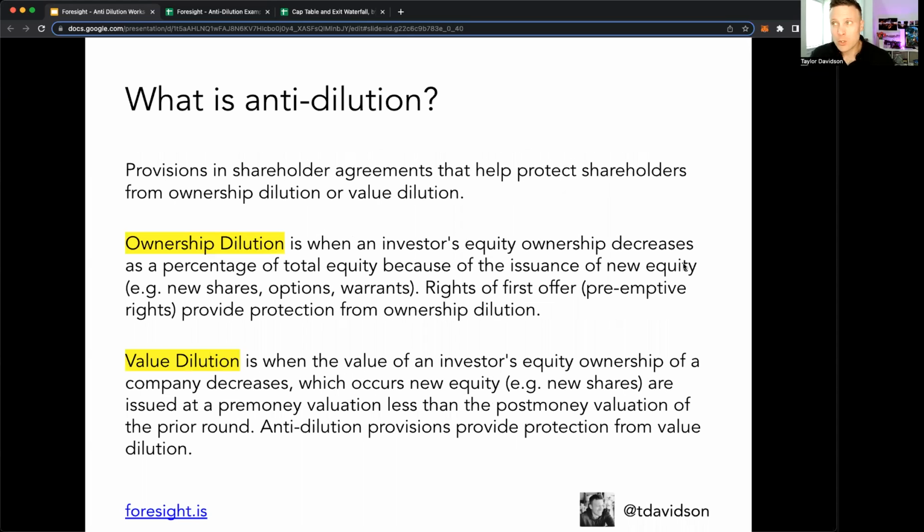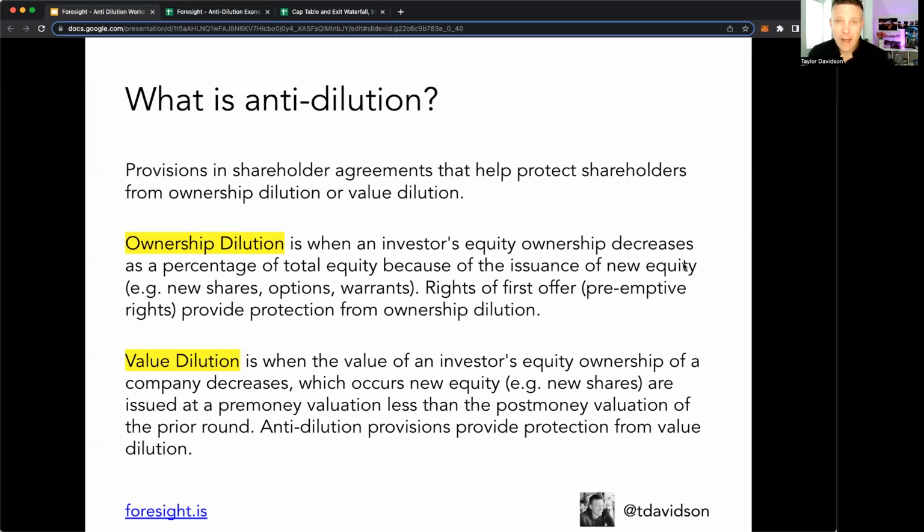Anti-dilution protections and provisions are clauses written into shareholder agreements that protect shareholders from the impact of dilution. There are basically two types of dilution we're going to focus on: ownership dilution and value dilution. Ownership dilution is when your percentage of ownership goes down over time: the company issues more shares, and your percentage ownership goes down.